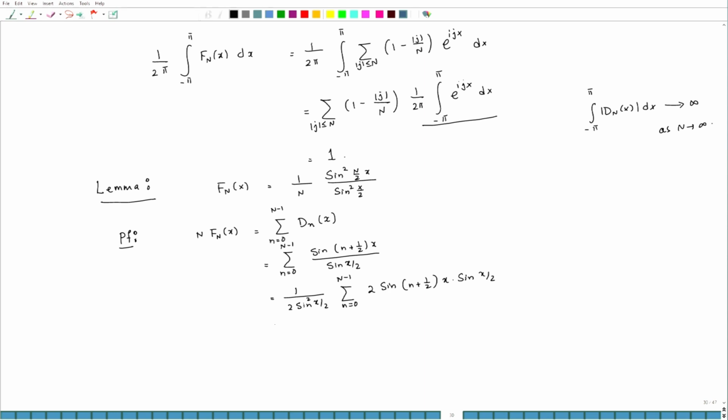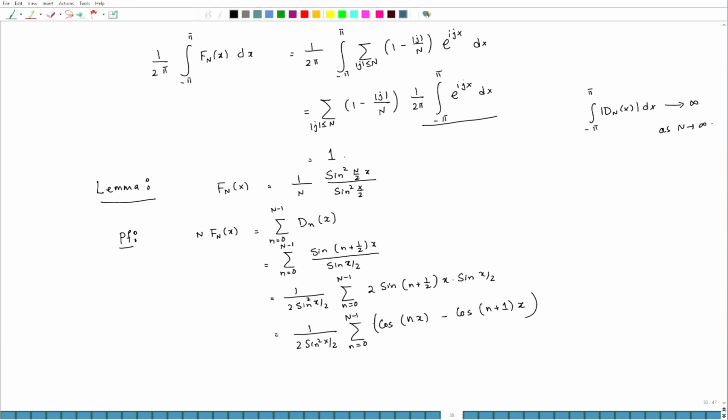So, we are familiar with the trigonometric identity. This is cos A minus B minus cos A plus B. So, this is cos A minus B, which is cos n x, minus cos n plus 1 of x.